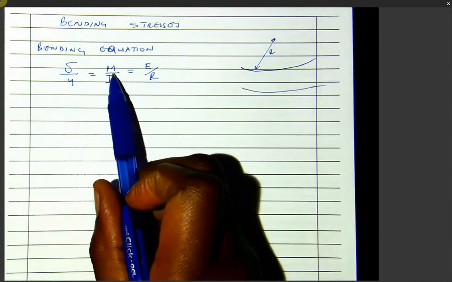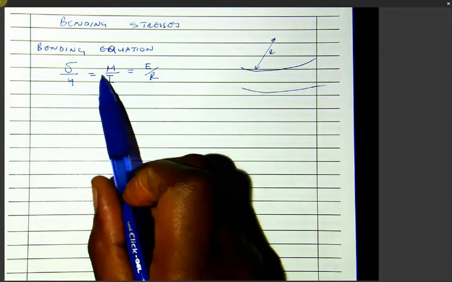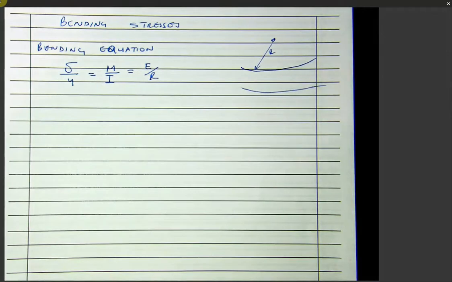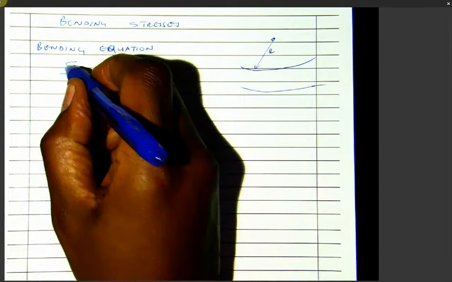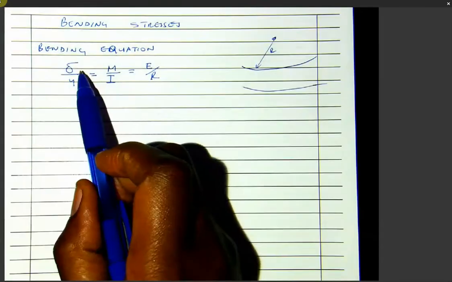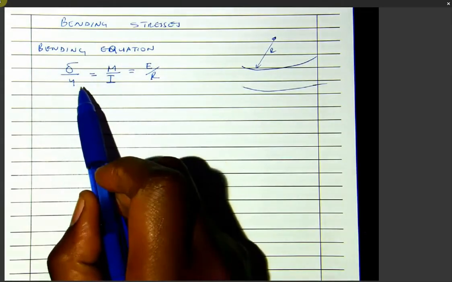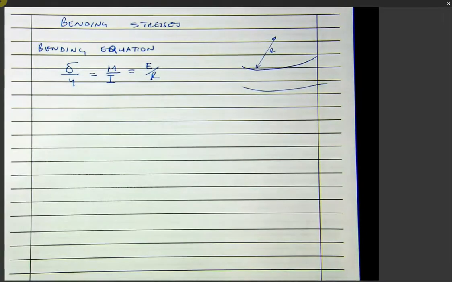M is the applied moment. I, second moment of area. Stress is the bending stress in this case. Y is either your Y upper or your Y lower.